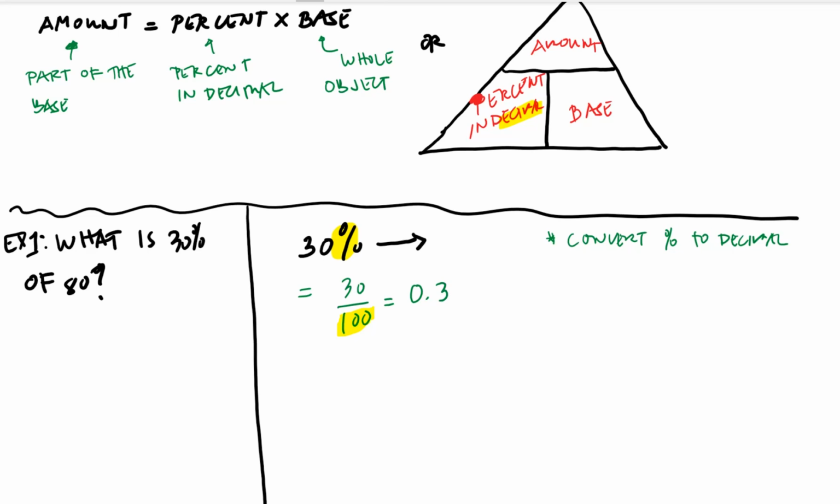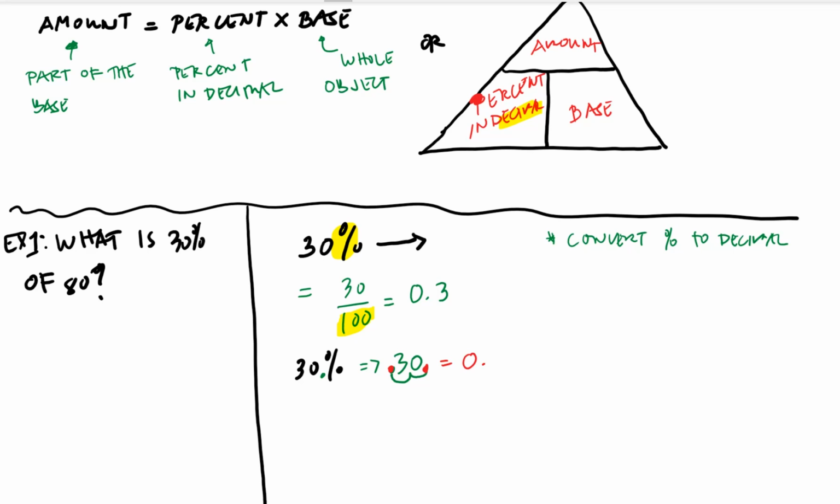Or you can do moving the decimal place. The decimal place here is after the 30. So if I do that, you have 30, then you move two decimal places to the left, 1, 2. So now the decimal place is before your 3.